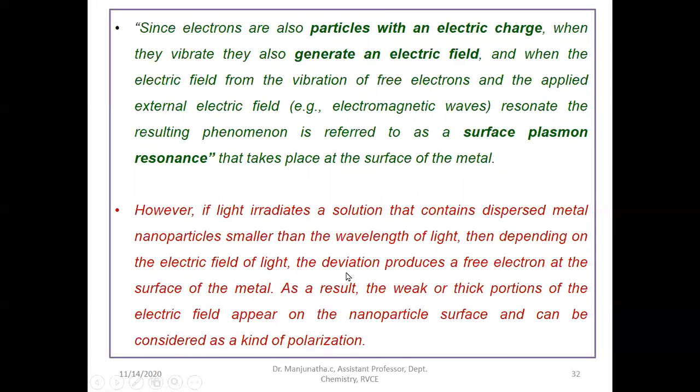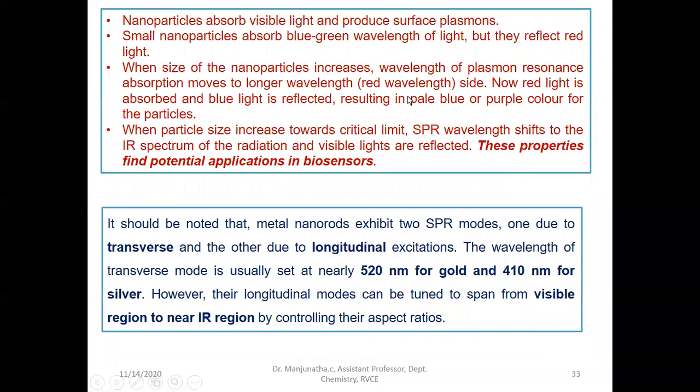If light irradiates a solution that contains dispersed metal nanoparticles smaller than the wavelength of the light, then depending on the electric field of the light, the deviation produces free electrons at the surface of the metal. As a result, weak or thick portions of the electric field appear on the nanoparticle surface and can be considered a kind of polarization.